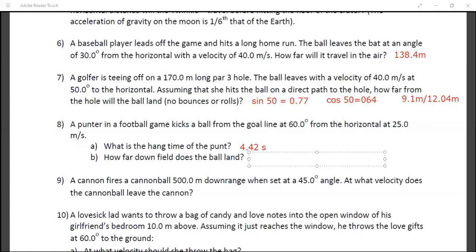And the second answer is 55.25 meters, using distance equal to speed into time: 25 cos 60 into 4.42. Correct. Thank you, Rajesh.